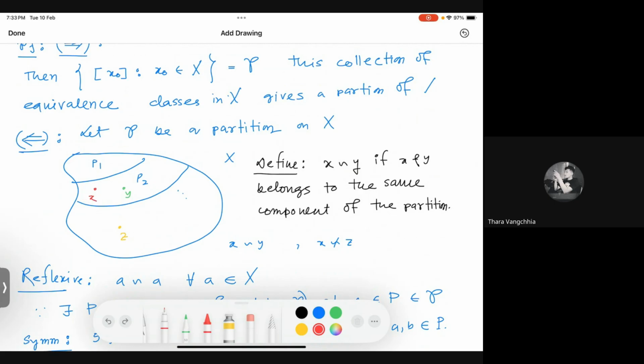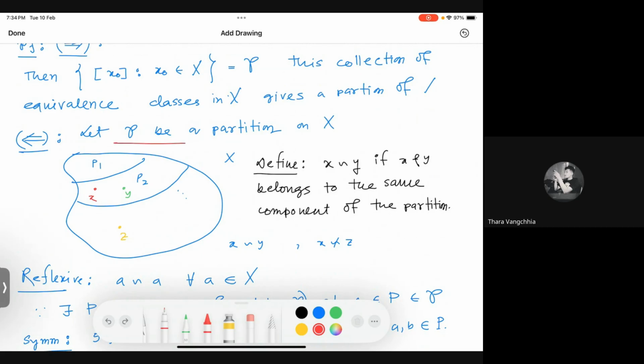Observe, x belongs to P2, but z does not belong to P2. So x is not related to z. Okay. This is the relation I have defined. So the question is, is it an equivalence relation? This is the actual question.